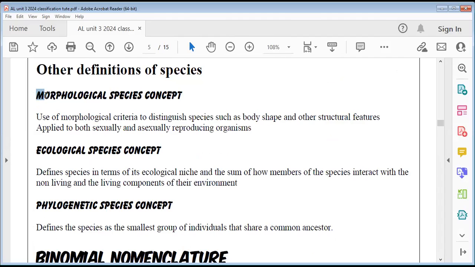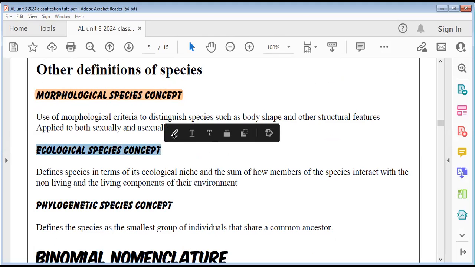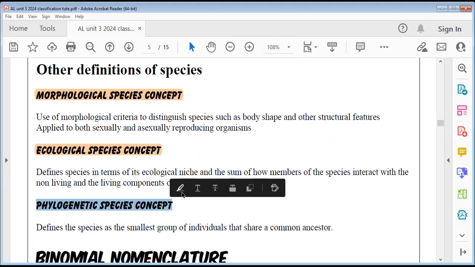In that case, another three concepts have been introduced. One we call the morphological species concept. Another one we call the ecological species concept. Another one we call the phylogenetic species concept.